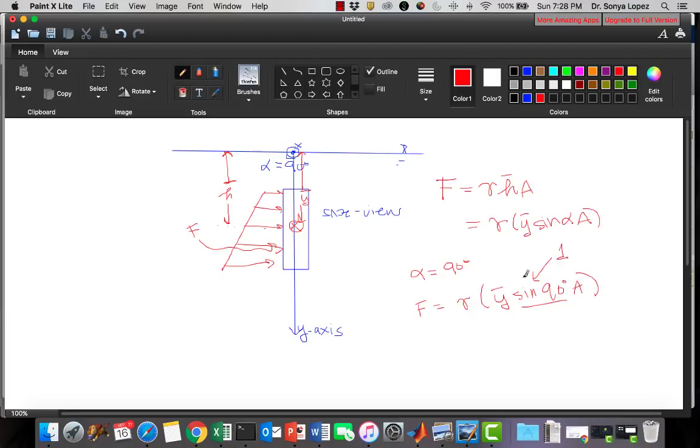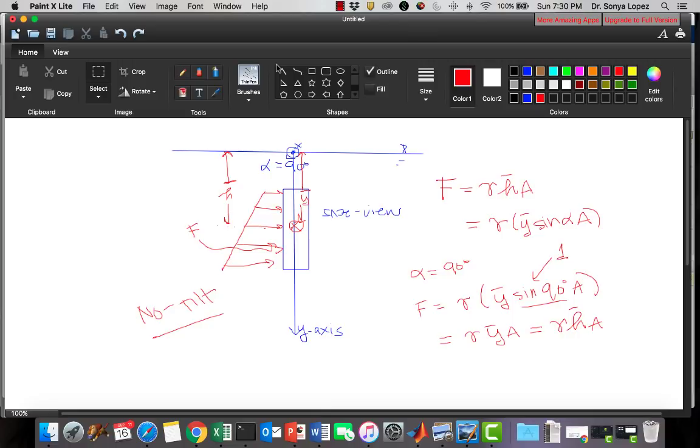So then this just becomes gamma multiplied by y bar a in this particular case because sine 90 degrees is 1, which is also equal to gamma h bar a. It is absolutely possible to have a no tilt, okay, situation. This is totally possible. Don't get tripped up. If there is an angle, use the angle, okay? If it's 90 degrees, just state it's 90 degrees and move forward.